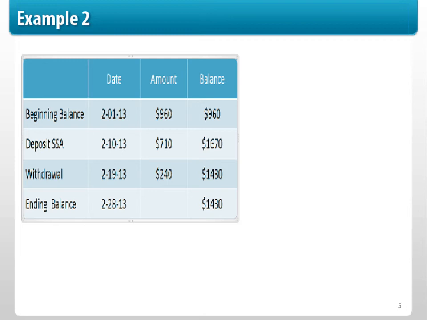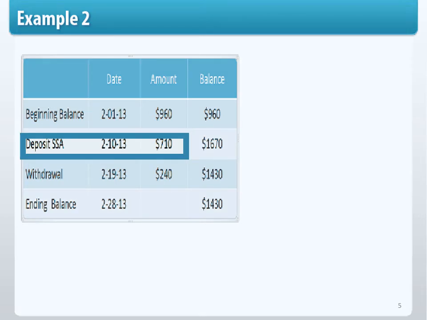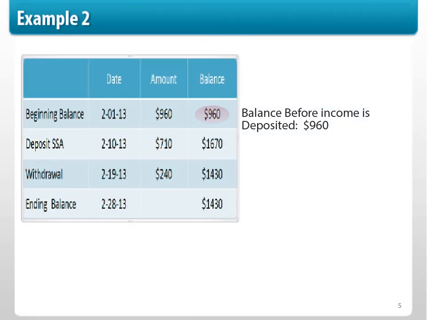In our second example, we have a bank account that has an ending balance of $1,430, and there are some transactions on the account that we need to look at. Let's follow our formula again by first identifying where the income is. The income is deposited on 2/10/2013, and it is $710. The balance immediately before income was deposited is $960, so we'll note that.